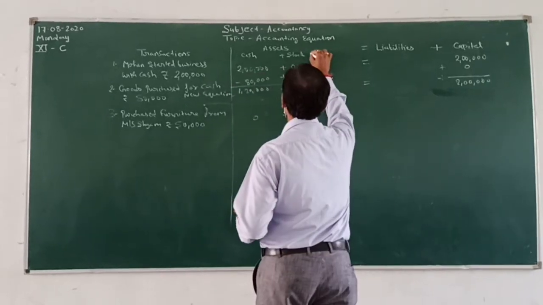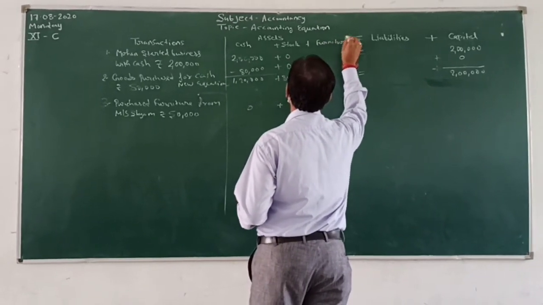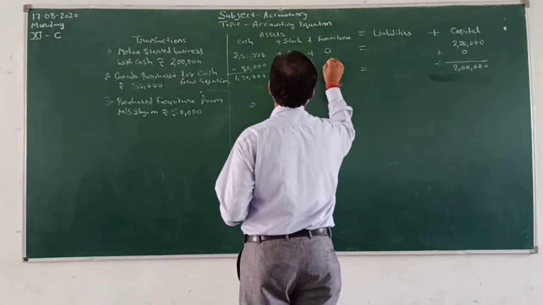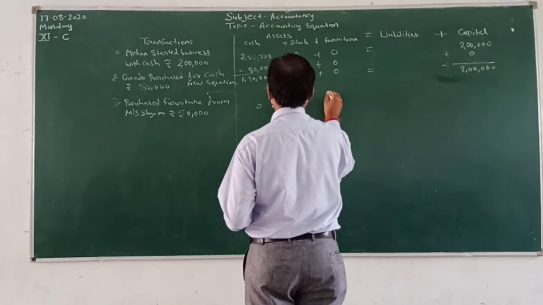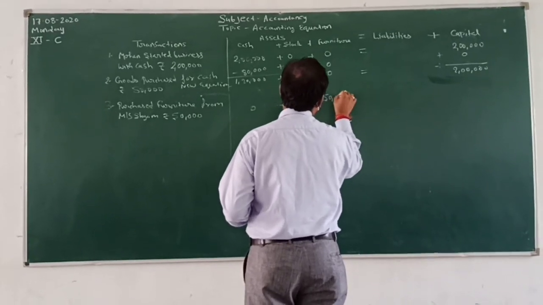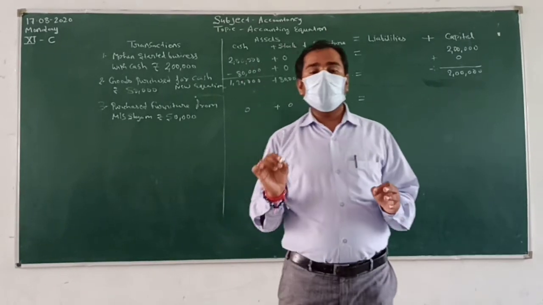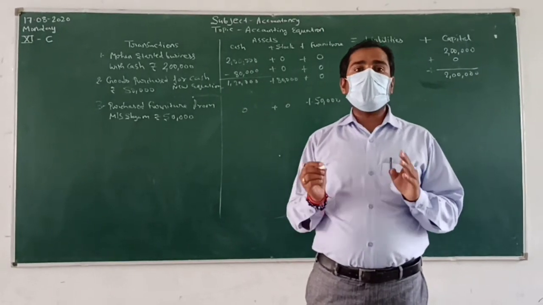But there is a change in furniture, so we use furniture. Now the furniture is of rupees 50,000, and this furniture is purchased on the basis of credit, so we have to increase our creditors.